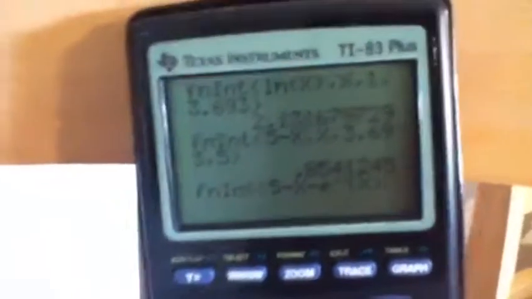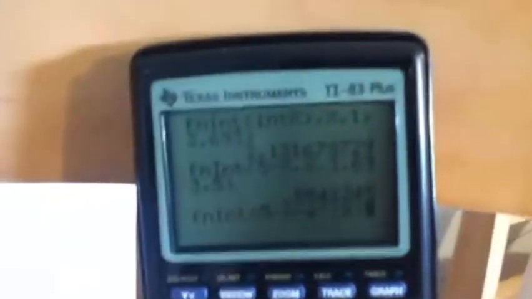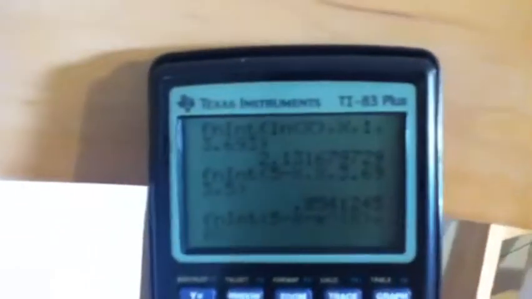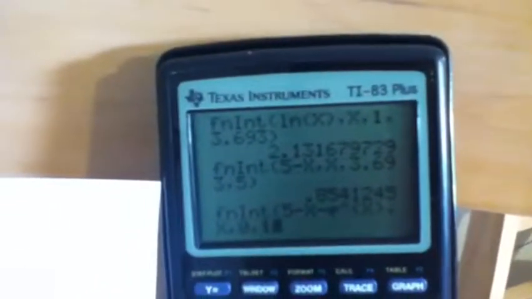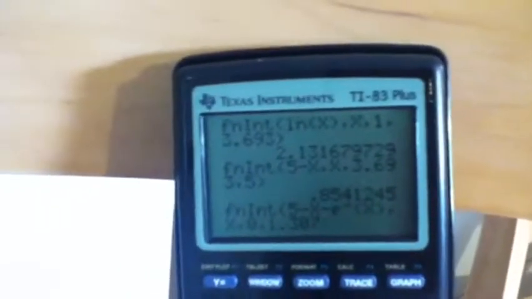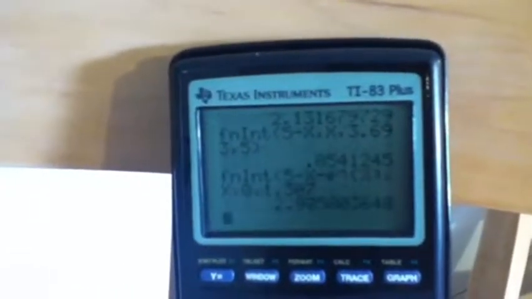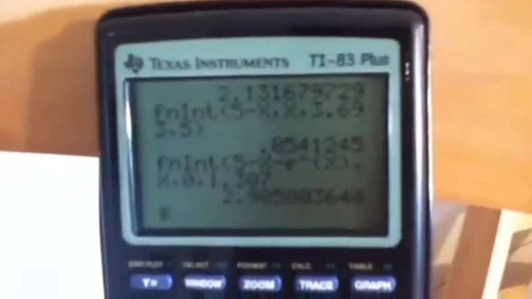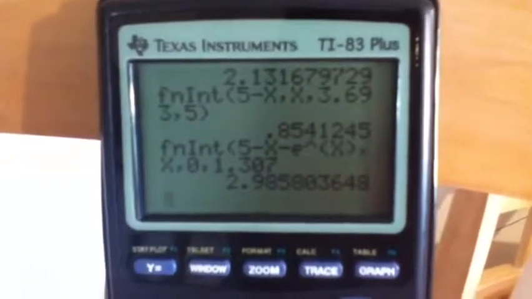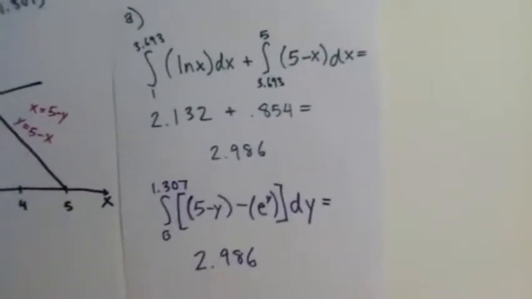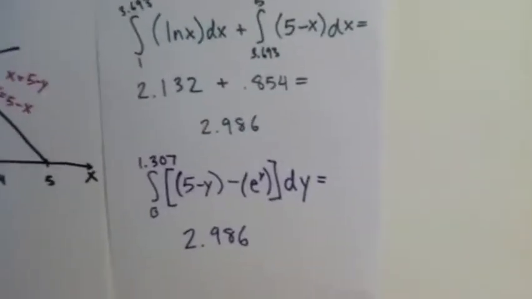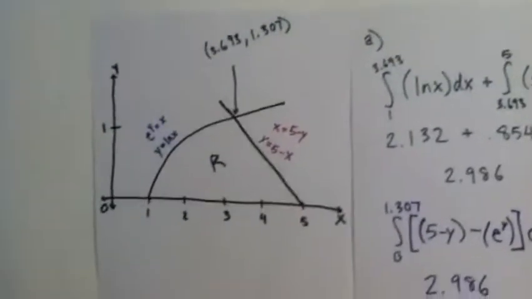And in the calculator you have to use x because there are no y variables, but it still gives you the same answer. Okay, and then you do comma with respect to x from 0 to 1.307. That gives you 2.986. Now if you look, however way you did it, you end up getting the same answer of 2.986 for the area of R.